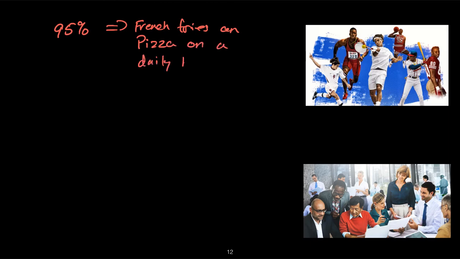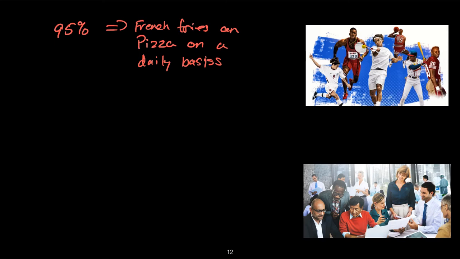So you can see where an inductive generalization can go really wrong. So imagine I gave you this other hypothetical case. Imagine that I actually did a survey, I did a study, and I found that 95% of people that ate French fries and pizza on a daily basis were actually in excellent shape.